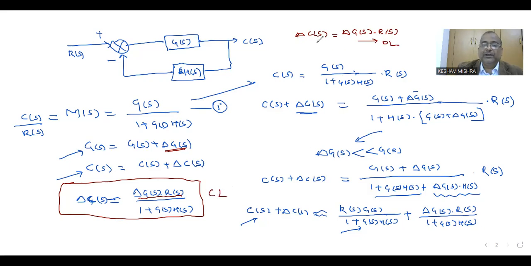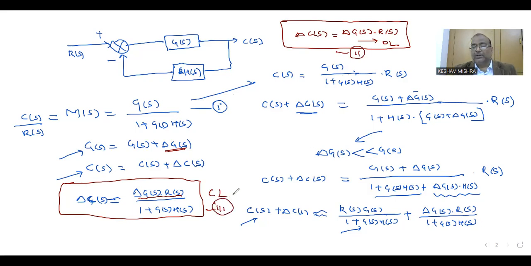So variations in a closed loop control system are less than in an open loop control system by this relation. If this is equation number 2 and this is equation number 3, we can compare and conclude that the effect of feedback reduces the variations by the amount 1 plus G(s)H(s) as compared to the open loop control system.